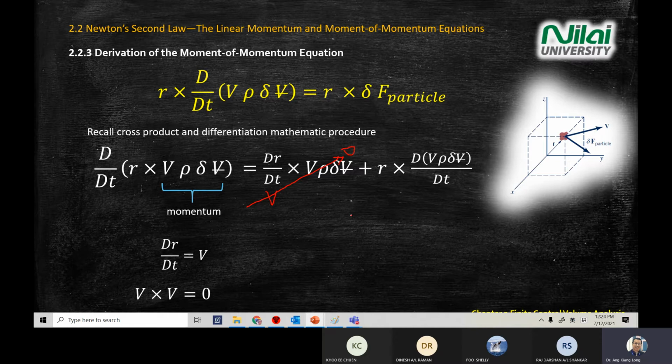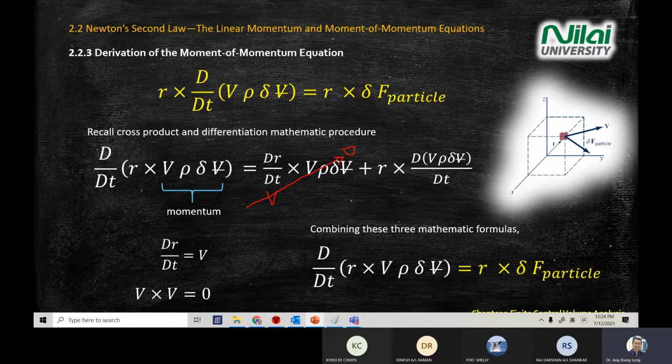Okay, we will start cancelling and rewrite our equation now. So in mathematics, we cancel the first term here, and arrive at the equation at your bottom. So what does it mean? It means that at the end, your d over dt of r cross v times density and volume on the left hand side will equal r times force. Why does this one equal force?